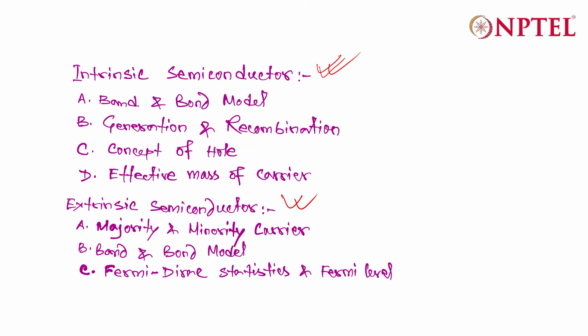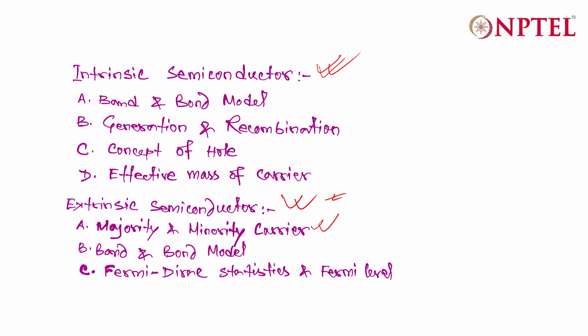We need to know how carriers generate, what generation means, and why they recombine, what recombination means. Then we will see the concept of hole, the positive charge carrier inside a semiconductor, and the effective mass of carrier.